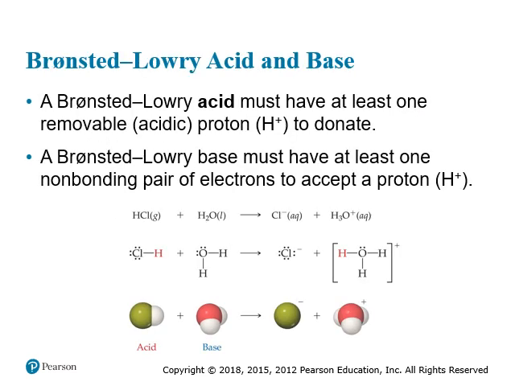Now, in order to be considered a Bronsted-Lowry acid, a substance must have at least one ionizable or removable proton to donate. In order to be considered a Bronsted-Lowry base, you must have the ability to receive that proton. And in order to do so, you must have a non-bonding or a lone pair of electrons.